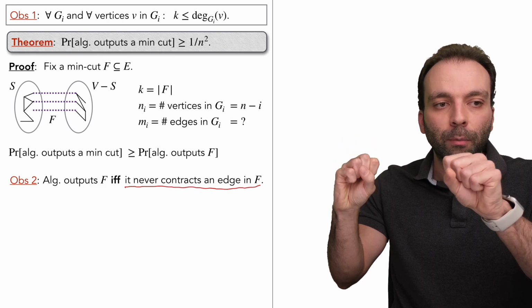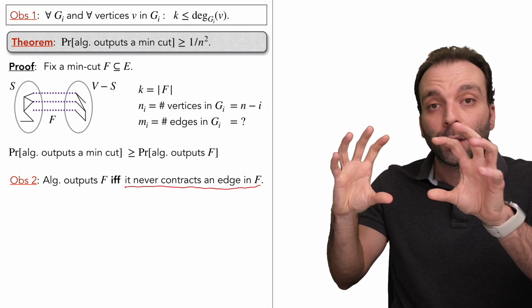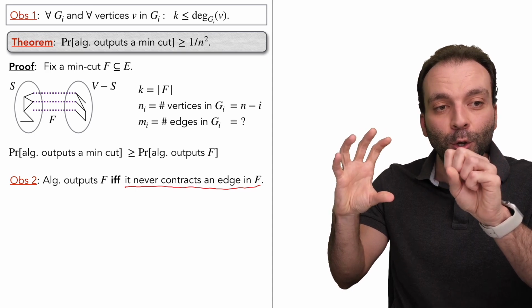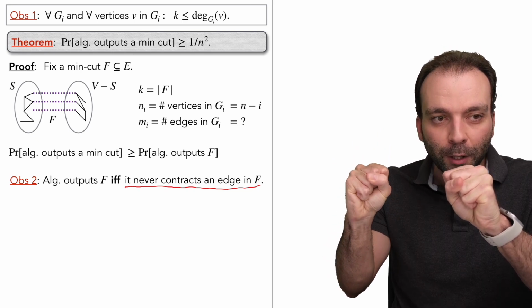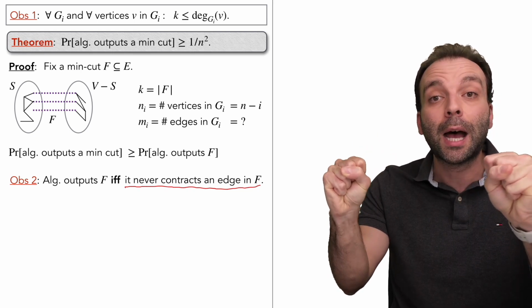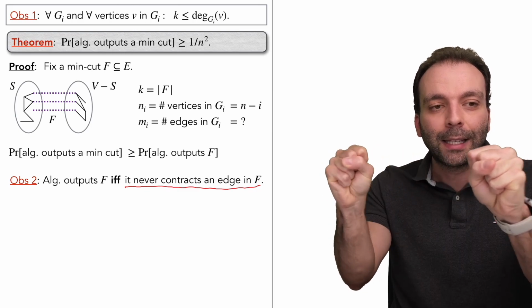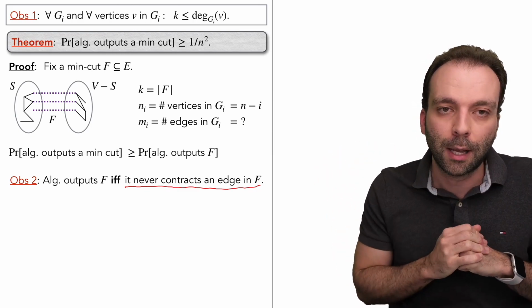When two vertices remain. So the vertices in S are going to merge into a single vertex, and the vertices in V minus S are going to contract into a single vertex. Then you stop there, and you output exactly the edges that go across from S to V minus S.